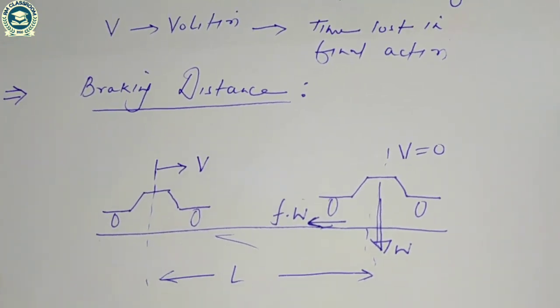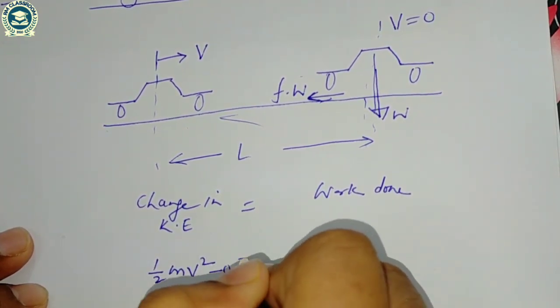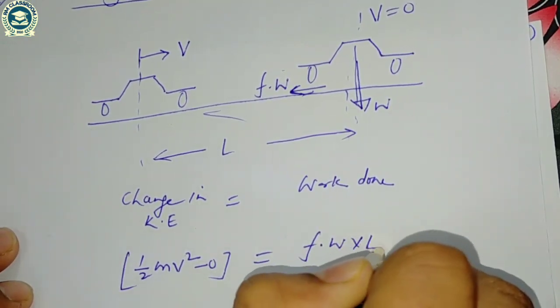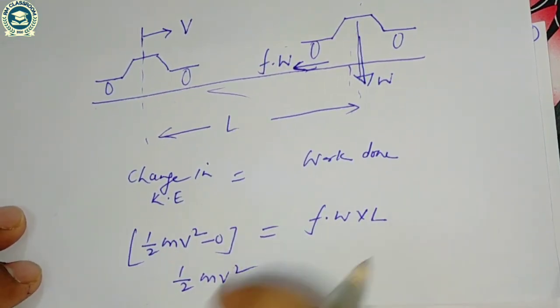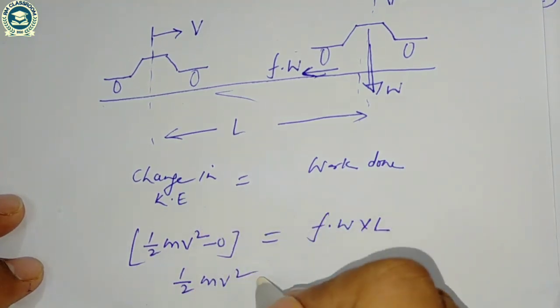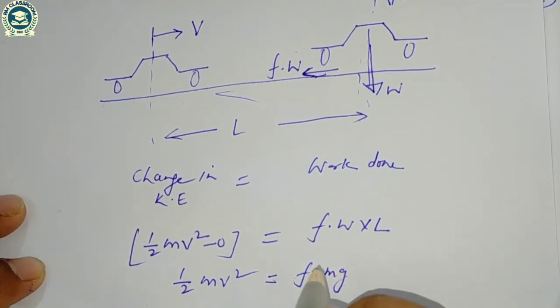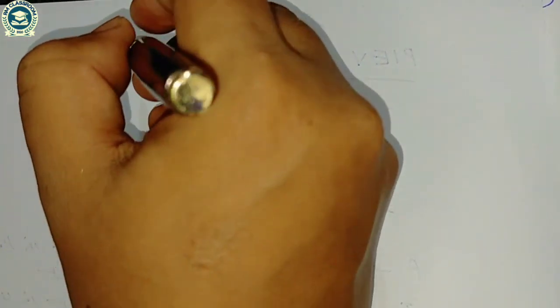So the change in kinetic energy is half mv square minus 0, which is equal to work done, F into W into L. So half mv square is equal to F and W, which is m into g into L. So the expression of lag distance is L is equal to V square by 2g into F.